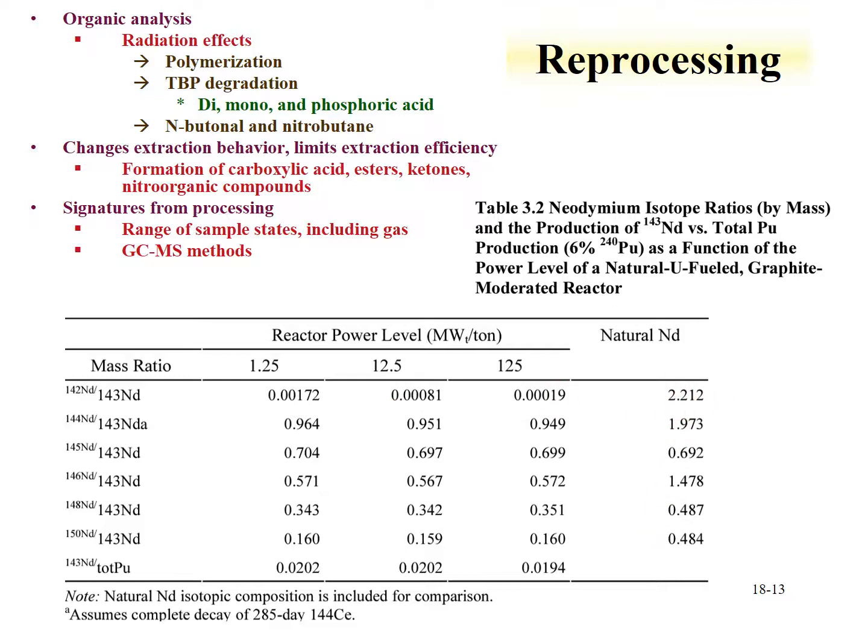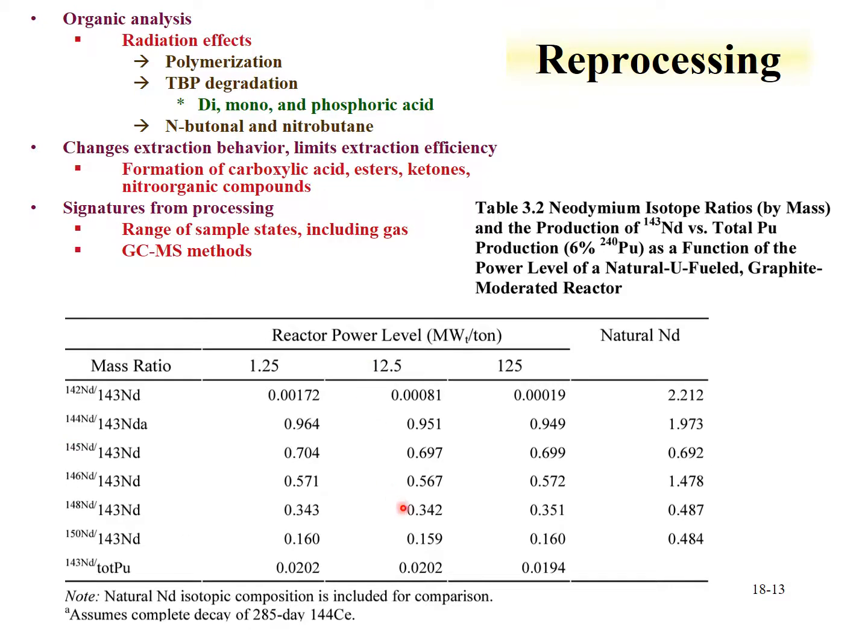And the reason that this is important is that it tells us something about the nature of the material that was used in the reprocessing. So for instance, if one has nitric acid that has trace neodymium in it, that nitric acid would provide a signature in the separation. So you would have a mixture of natural neodymium isotopic ratios and this neodymium isotopic ratio that's driven by the fission process.